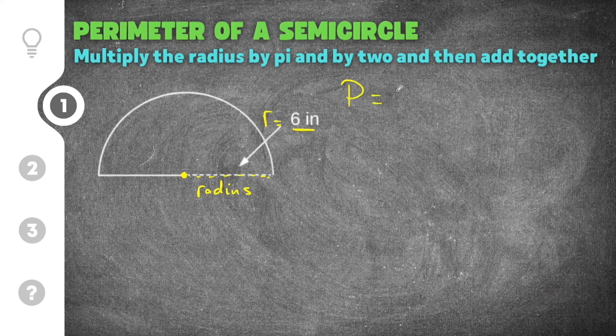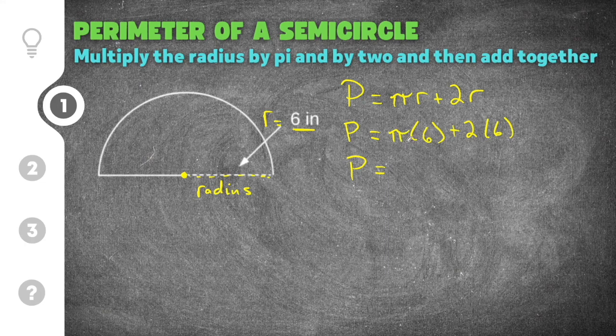So perimeter equals pi times the radius plus 2 times the radius. So everywhere there's an r for radius, I'm going to replace it with the 6 because we know the radius is 6. From here, we're going to follow order of operations, which means we have to do multiplication first.